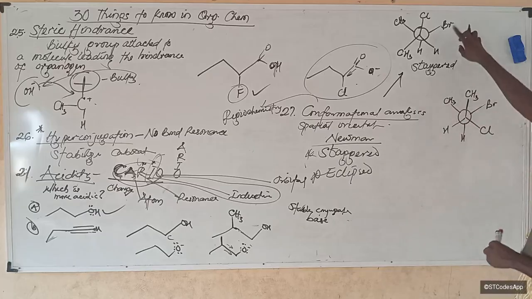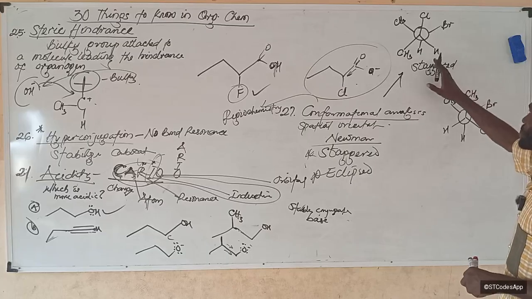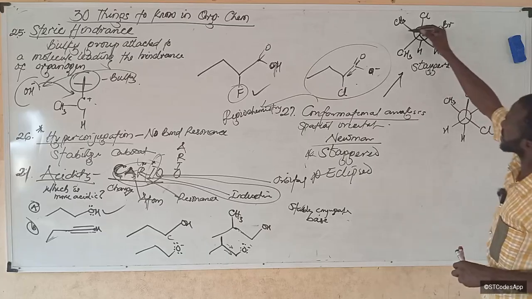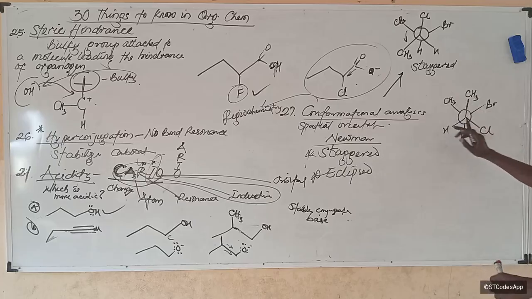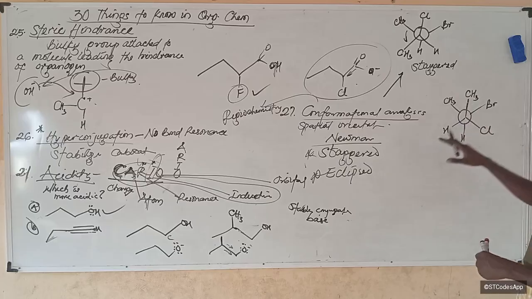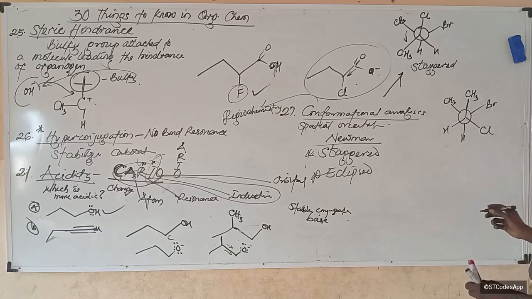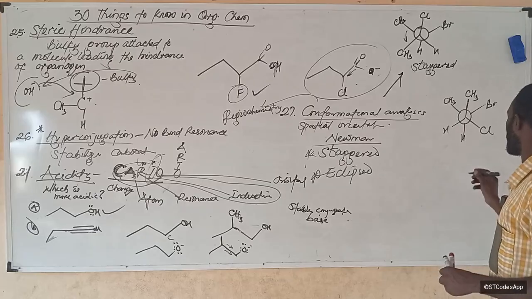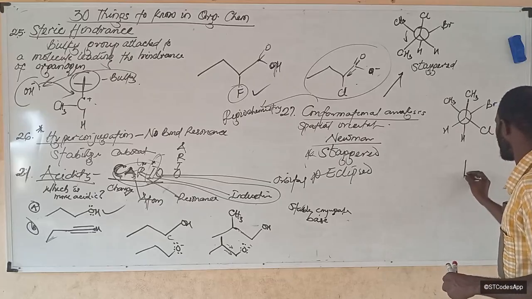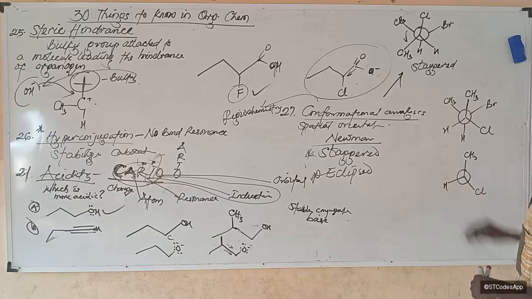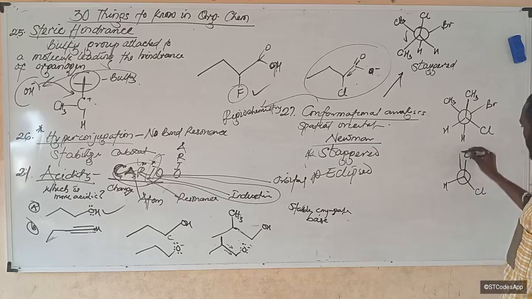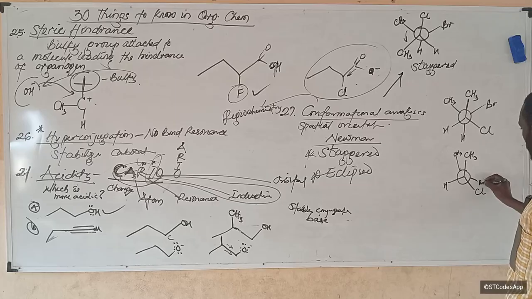this one is actually called staggered because it's in between. These guys are quite far away from each other. But if you compare to this one where they are closer, this is still pretty much like staggered, but compared to something like this, I now move this guy close to this guy, pretty much closer like this, such as this one is coming here, Br is here, H is here.